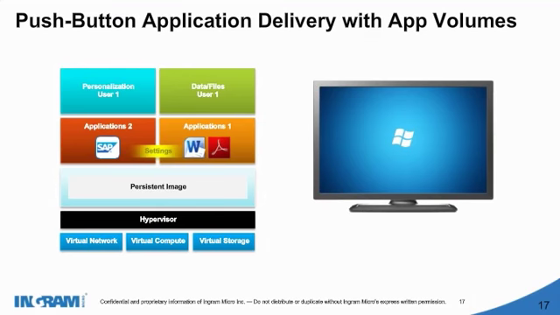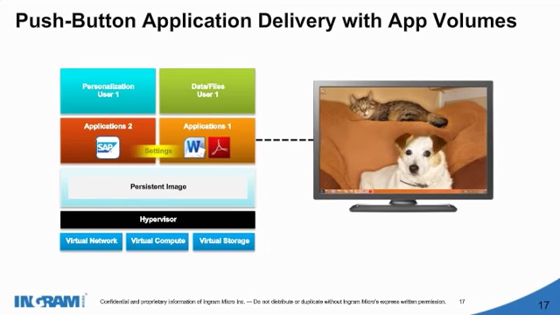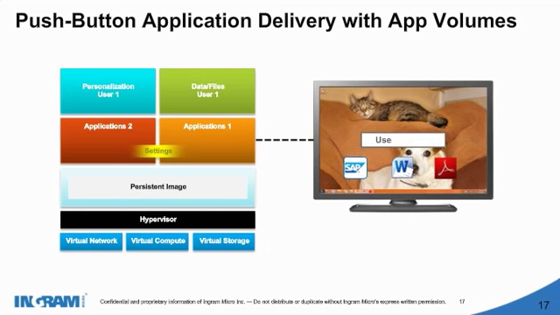So one of the newest features we added in Q4 was App Volumes. With the push of a button, IT can deliver application workloads to virtual desktops in seconds. Applications are delivered through a VMDK virtual disk. IT can dynamically attach these virtual disks to virtual desktops, even when users are logged in to their desktop or logged out.